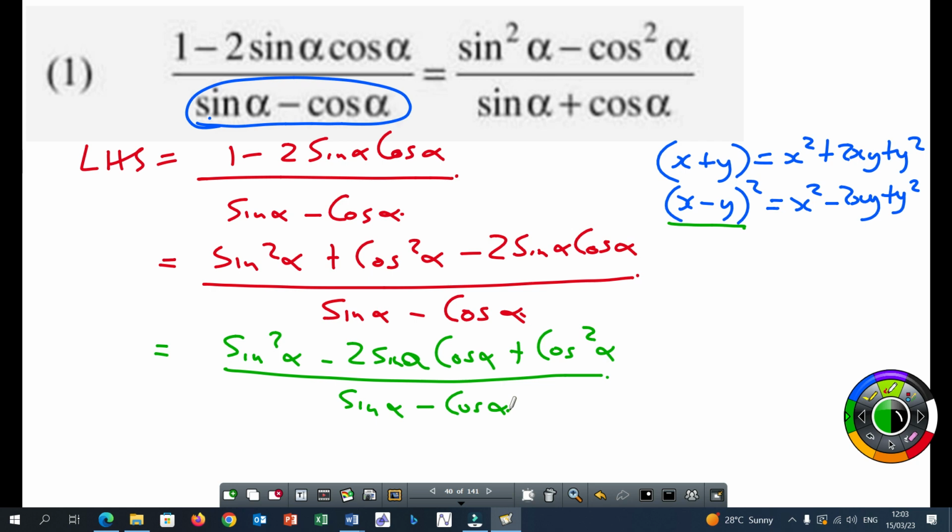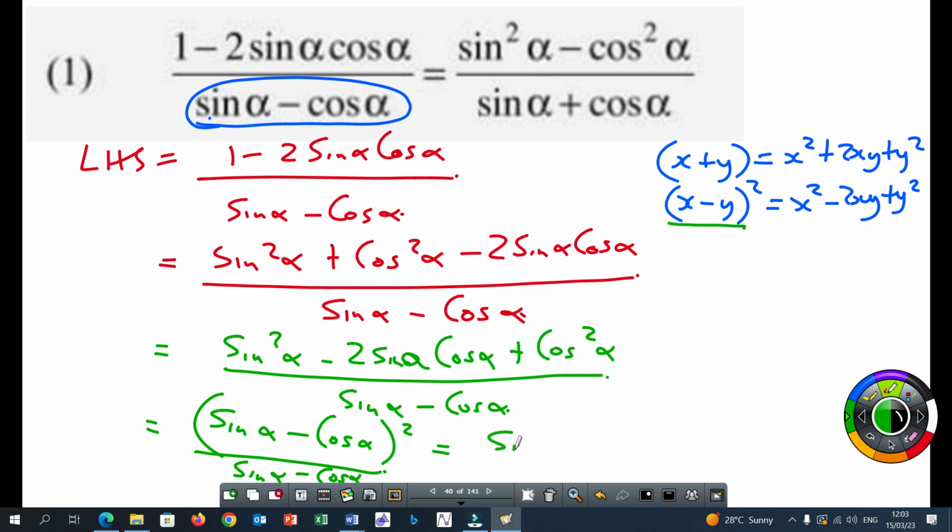If I factorize that numerator, I will end up getting sine alpha minus cos alpha, and there's a minus here, all squared, divided by sine alpha minus cos alpha.